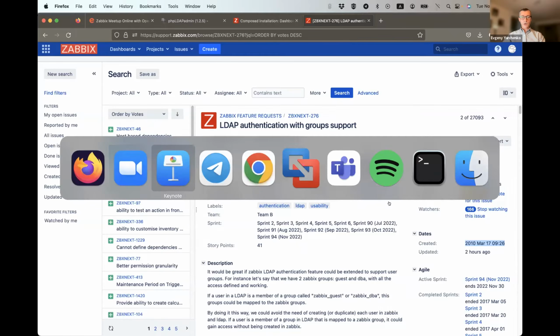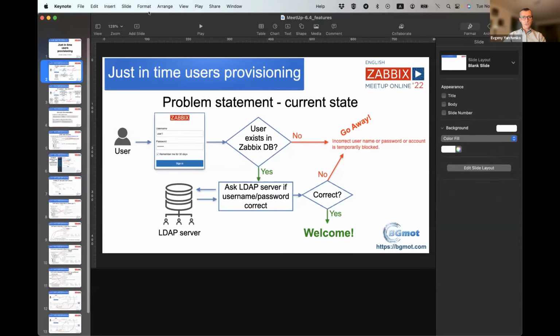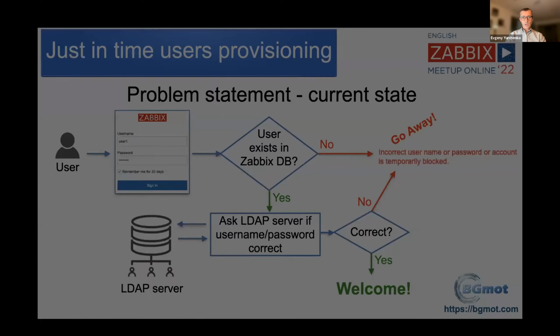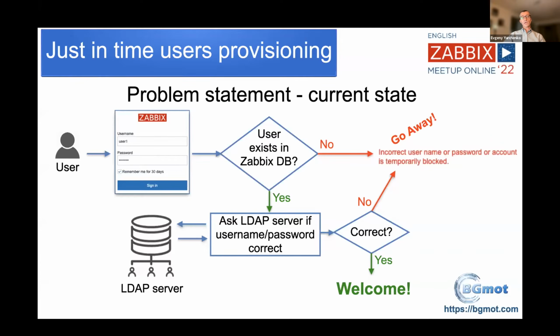Now I'll tell you how it's going to work. So what's the problem? Why do we need this feature? As those who already use Zabbix know, when a user logs into the Zabbix web UI, Zabbix first checks whether this username exists in the Zabbix database. If it doesn't exist, go away, there's nothing you can do.